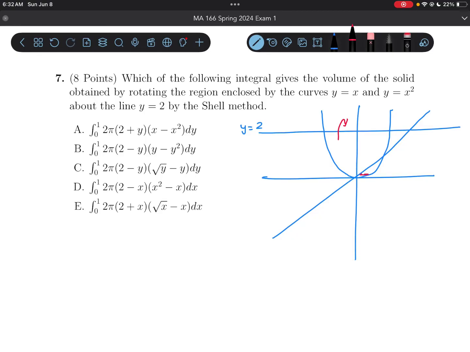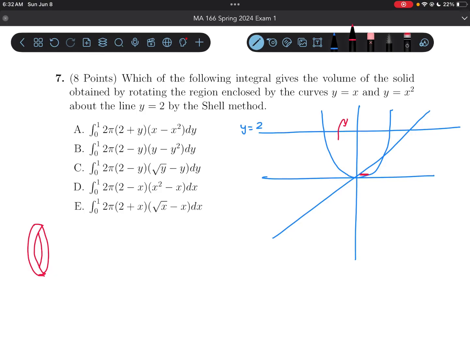So for example, I have this tiny strip over here, and then once I rotate it, I'm going to get this cylinder over here, and then all I have to do is find the lateral surface area of this cylinder.